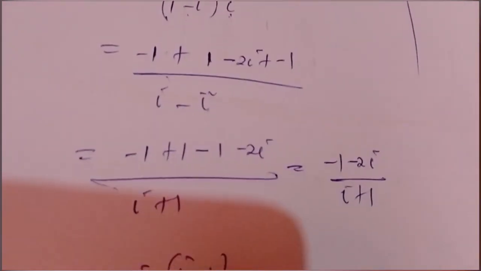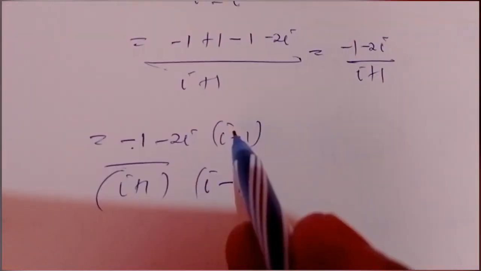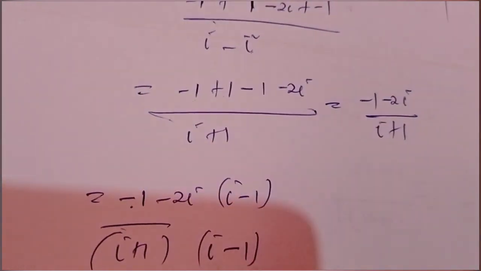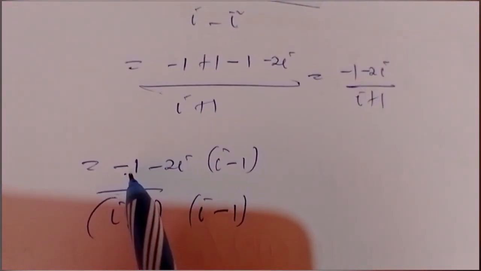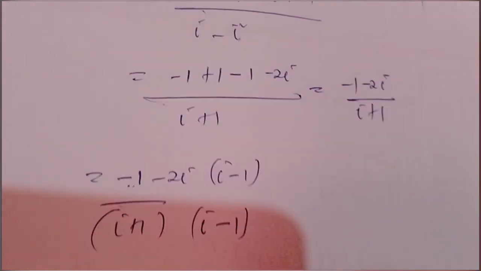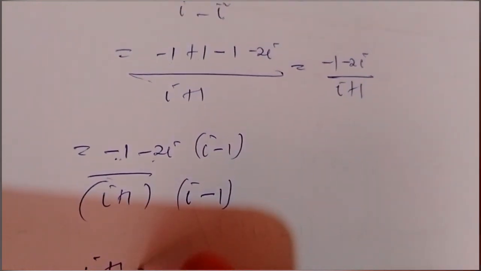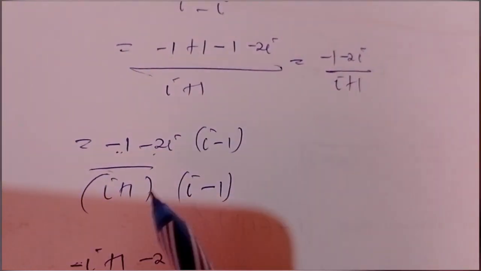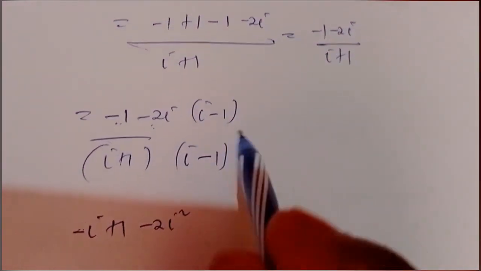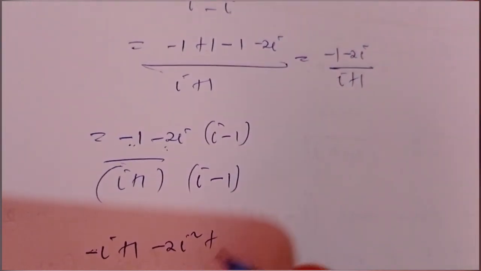This gives us negative 1 times i is negative i, negative 1 times negative 1 is positive 1, negative 2i times i is negative 2i squared, then negative 2i times negative 1 is positive 2i.